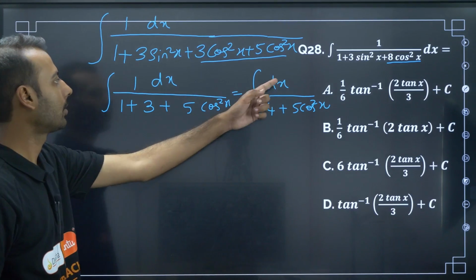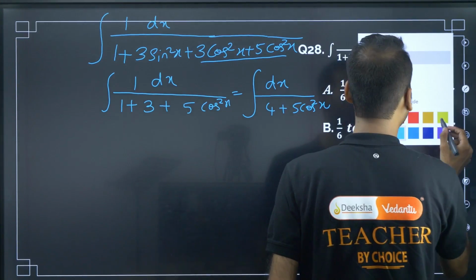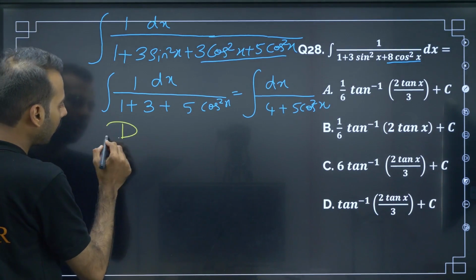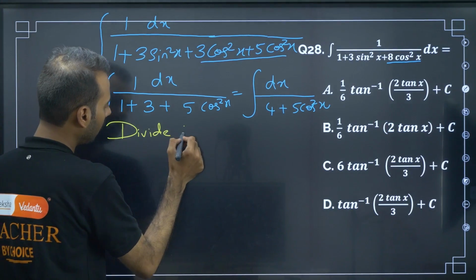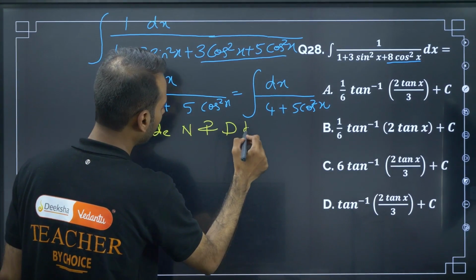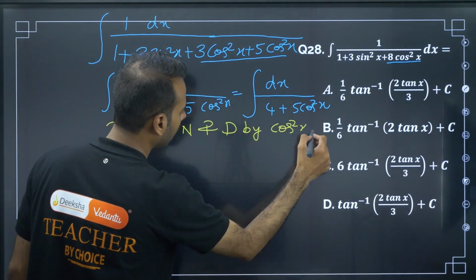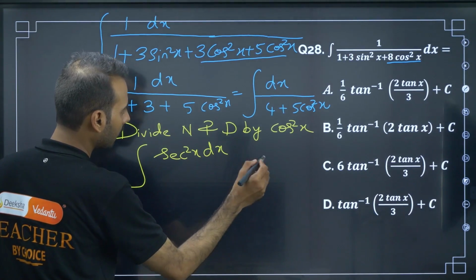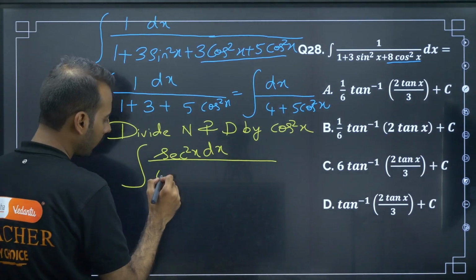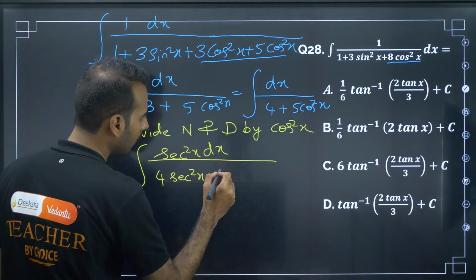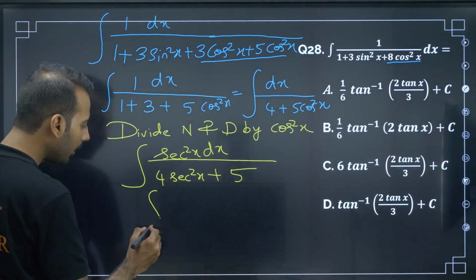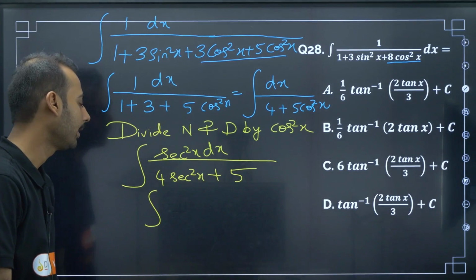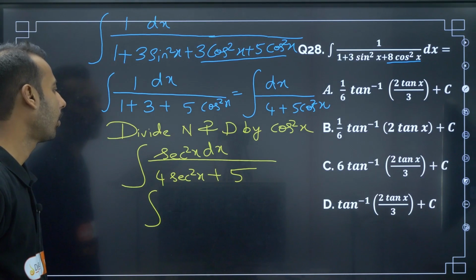Now, since there is no ready-made such integration, we are going for manipulation. Divide numerator and denominator by cos square x. So this is secant square x dx by 4 secant square x plus 5. In place of secant square x, what can I write?